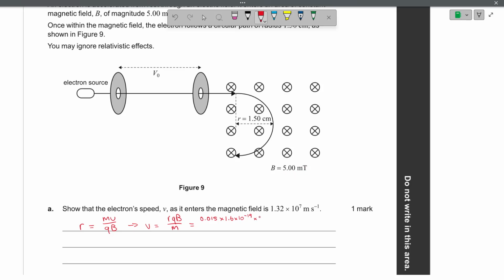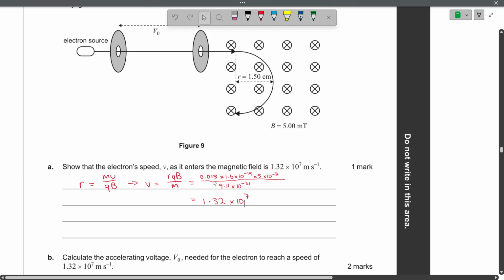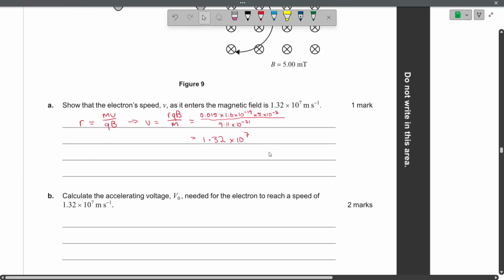Be careful: 5 times 10 to the minus 3 for milli, and then over the mass of the electron, 9.11 times 10 to the negative 31 kilograms. And putting all that on a calculator, you should end up with 1.32 times 10 to the 7 as shown. And that's it. That's 1 mark, literally just for getting the formula, rearranging it, putting the right numbers in.